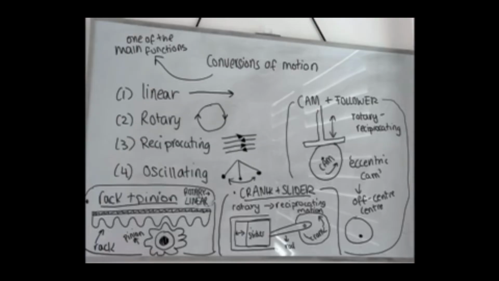Now the cam can be any different shape, and an eccentric cam is when the centre is not in the centre, and what happens is as the cam moves, the follower also moves because it's moving in the different radiuses, and this causes the reciprocating motion to happen.